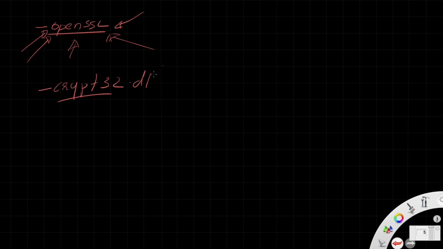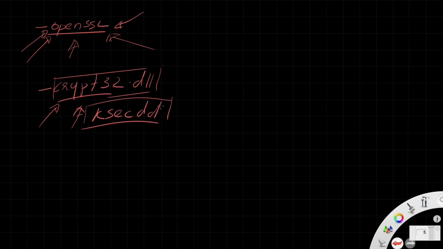Crypt32.dll we will not be dealing with much, but if you're using the Windows version of the certificate manager and things like that, it uses crypt32 internally, and it has a kernel mode equivalent called KSecDD. This is how the library is implemented in the kernel of Windows. This is the proprietary Microsoft implementation, but right now anything and everything is using OpenSSL.